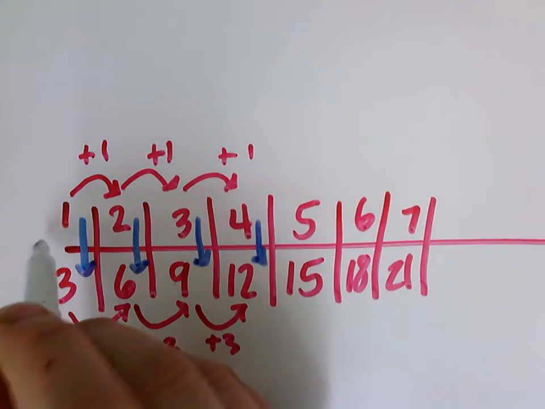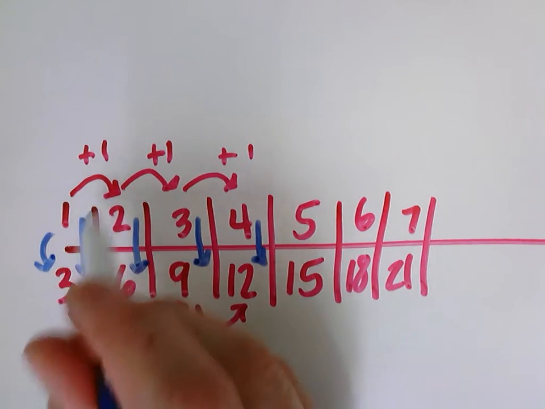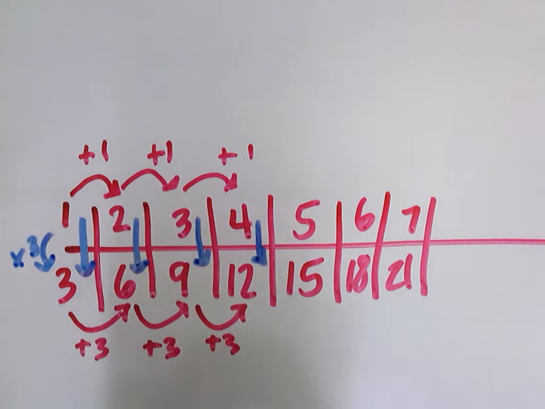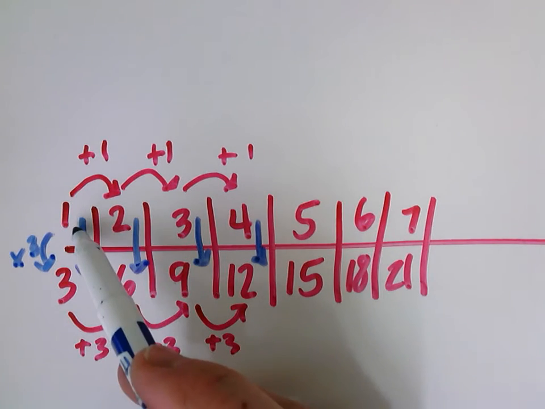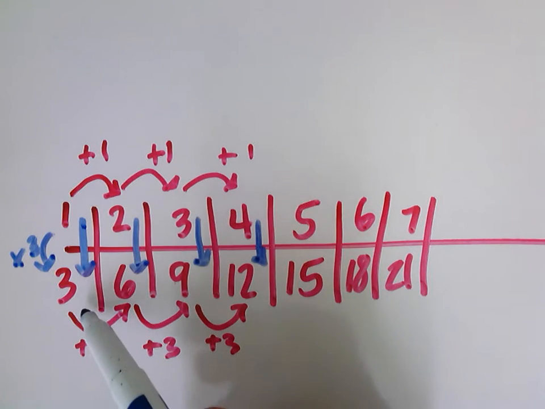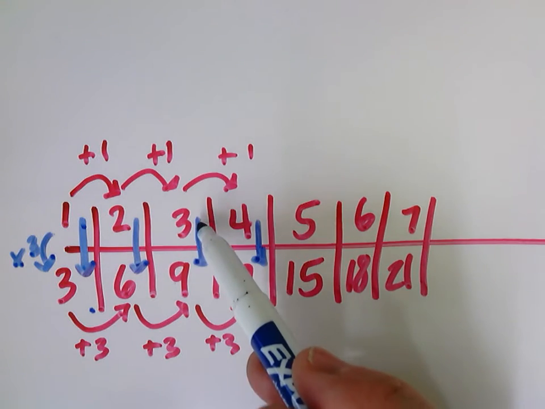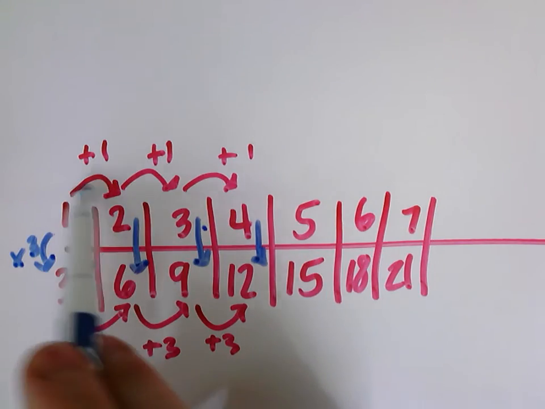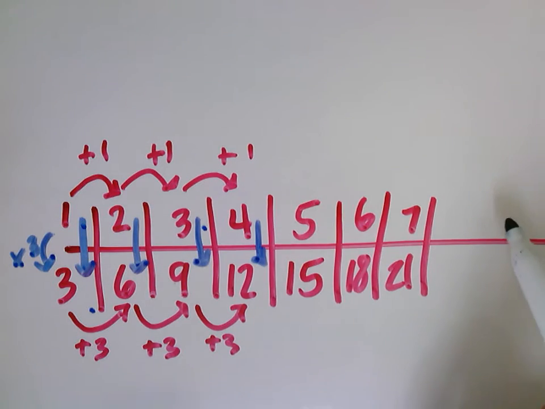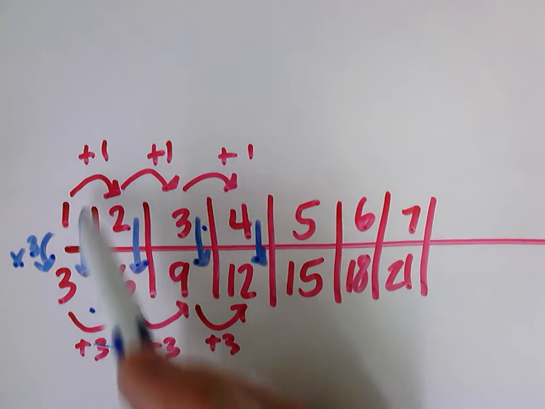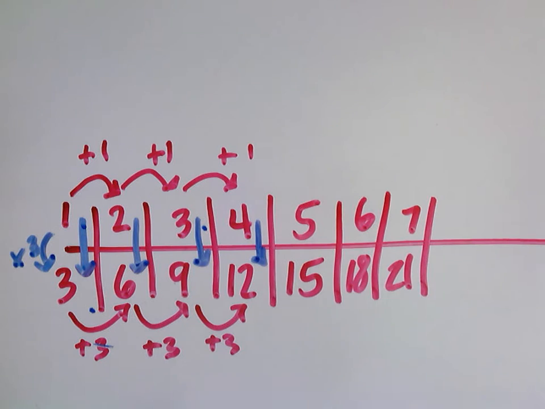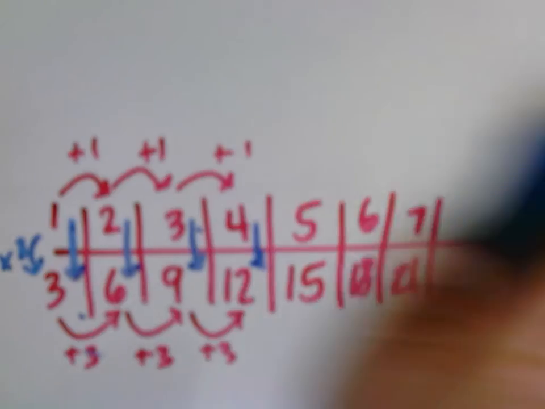So to get from one row to the other, we're multiplying by 3. So not only do we have a relationship moving across our ratio table, we also have a relationship between the two rows.